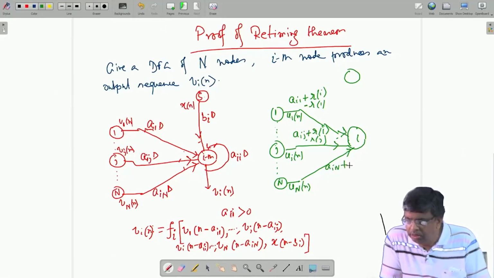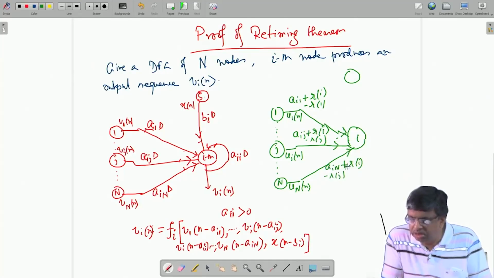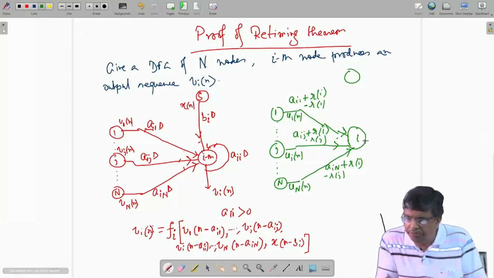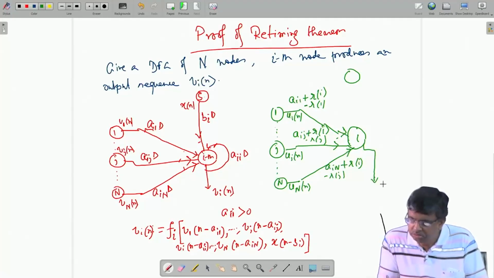That is, the original Aij plus Ri minus Rj, destination retiming value minus source retiming value. Okay. This is the output, which is not VIN, it is UIN.